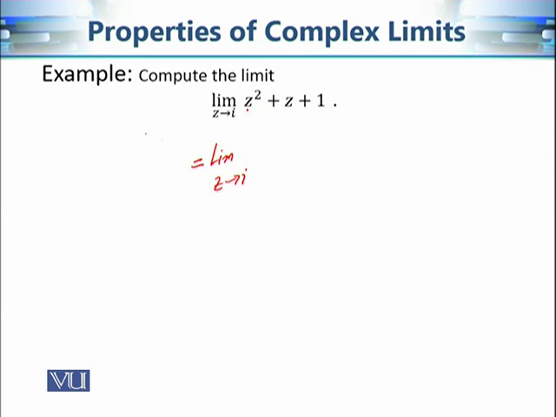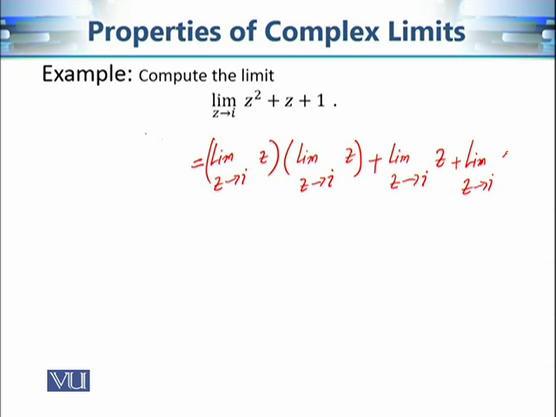So this is equal to z square. Now z square is a multiplication of two functions, z and z. So we can write this in the following form: limit as z approaches iota of z times limit as z approaches iota of z, plus, and of course the limit of the sum of functions is equal to the sum of the limits of the functions, limit as z approaches iota of z plus limit as z approaches iota of 1.